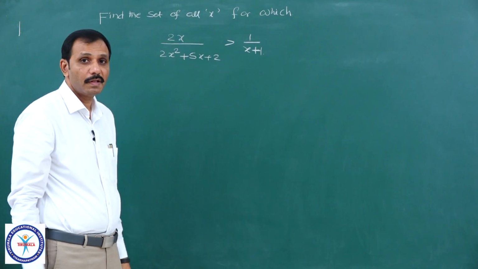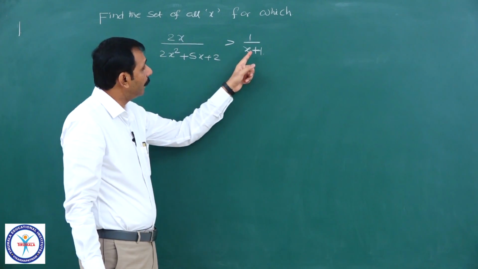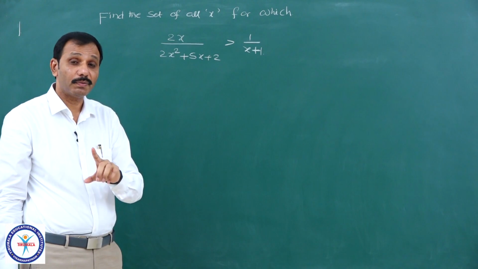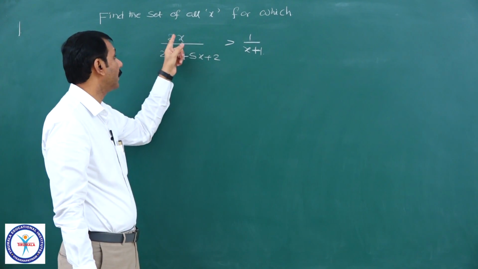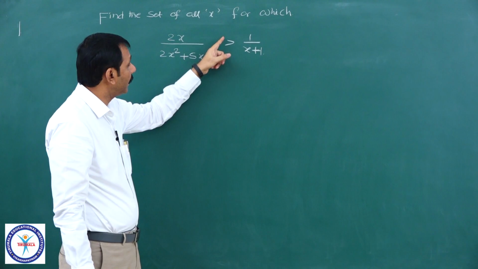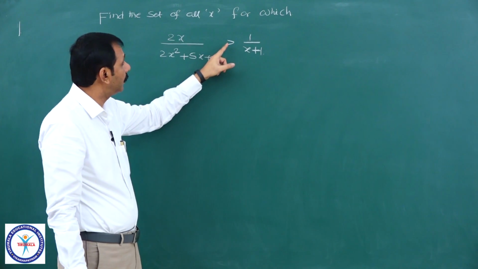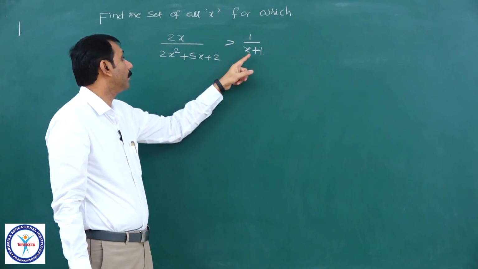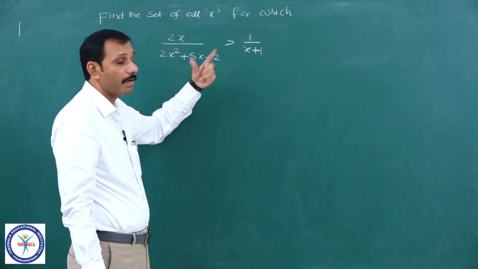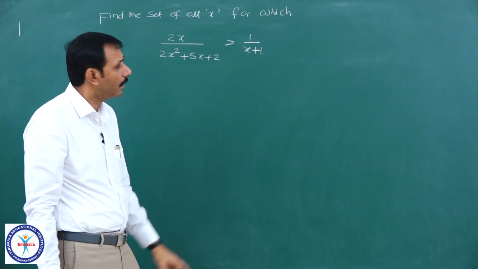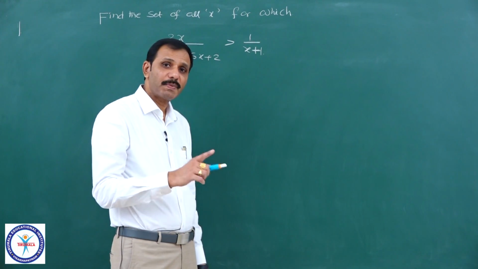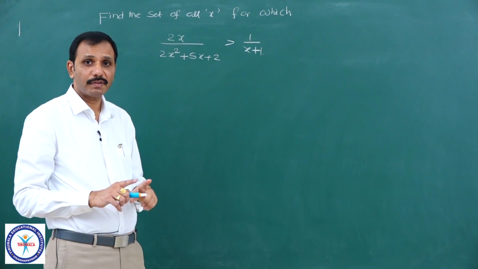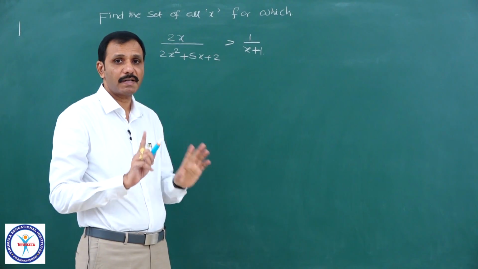No. Only if you know whether the numbers are positive or negative can you cross multiply, keeping the inequality the same or not. But here, we do not know whether x plus 1 is positive or not. Even the other one, we do not know. Therefore, you should not do cross multiplication.